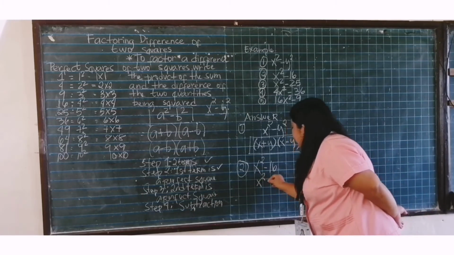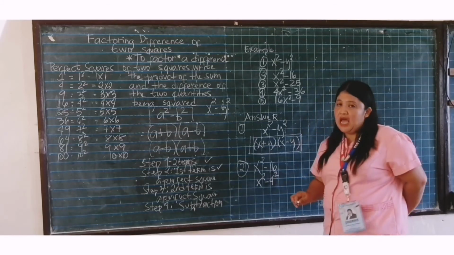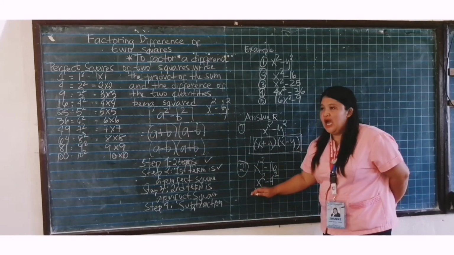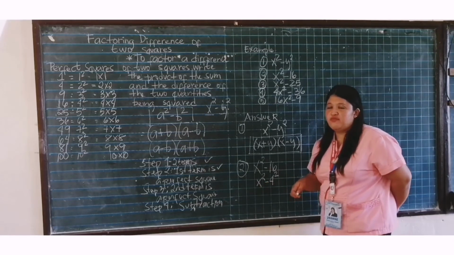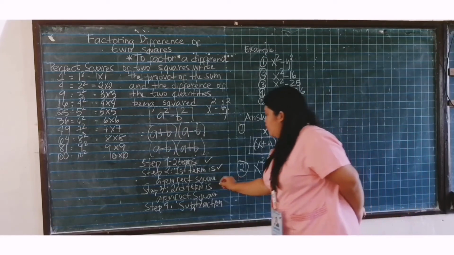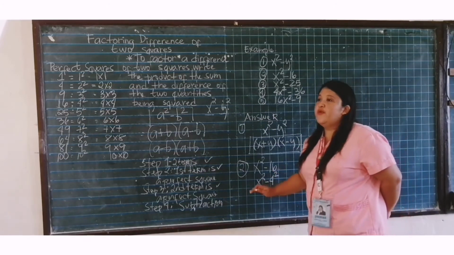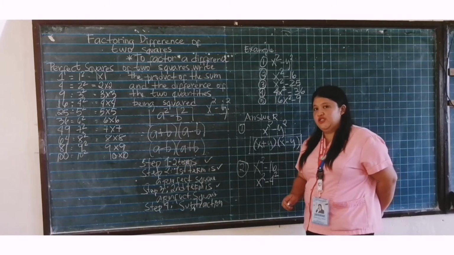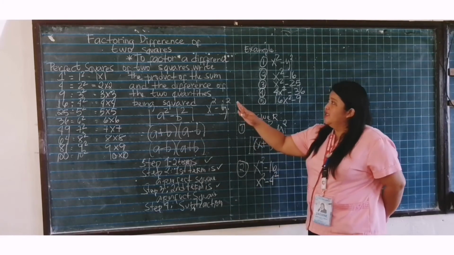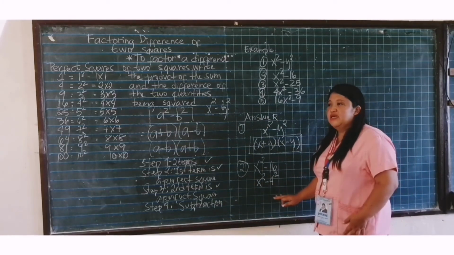So it can be written as x squared minus 4 squared. Now, are the first and second terms perfect squares? Yes. So for step 4, is the operation subtraction? Yes, it is subtraction. Now we can use the factoring of difference of two squares.